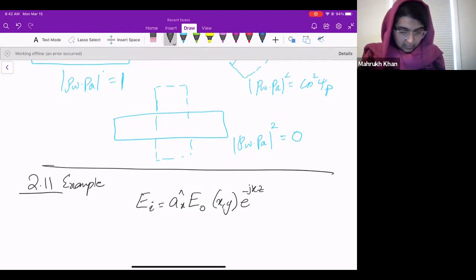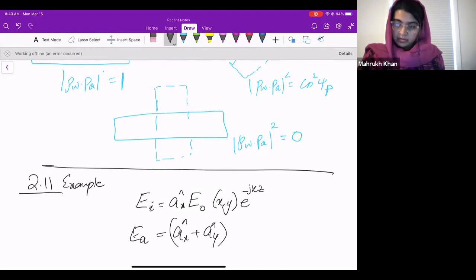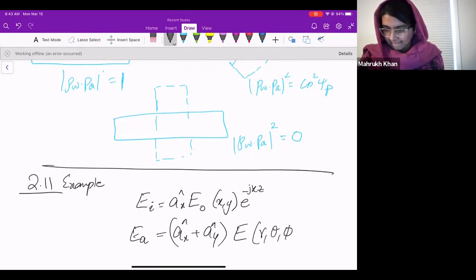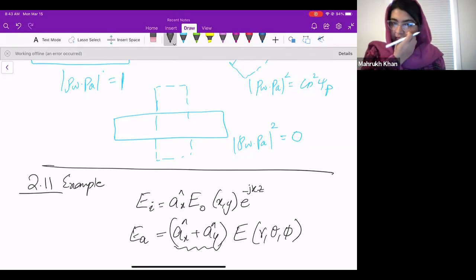It is incident upon a linearly polarized antenna, but the antenna's polarization has two components, x and y, written in terms of r, theta, phi. They give us these components, so we are okay.